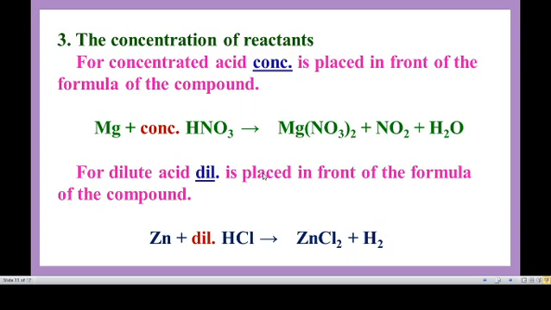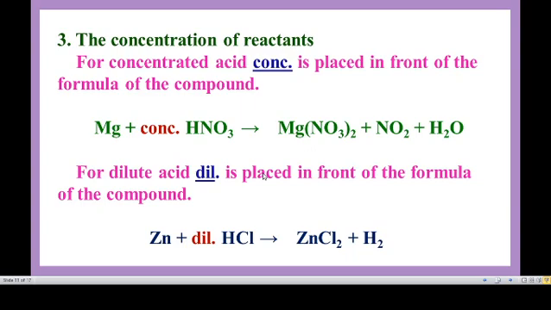What is a concentrated acid? What is a dilute acid? So especially in chemistry, concentrated means, for example, if you have taken 2 glasses, both containing 100 ml of water, and in one glass we have added more amount of solute, and in another glass we have added a much lesser amount of solute.